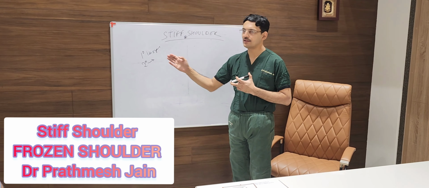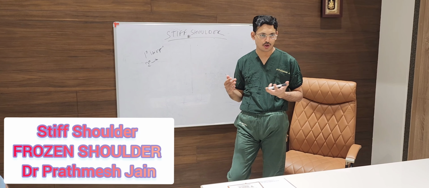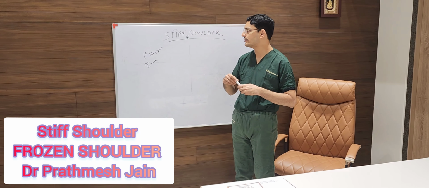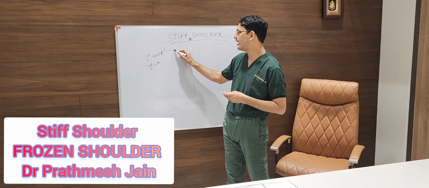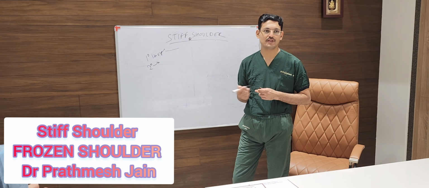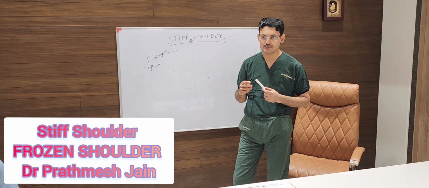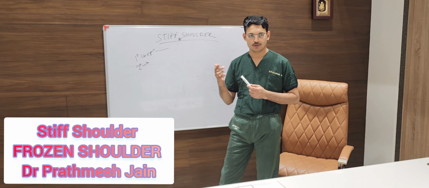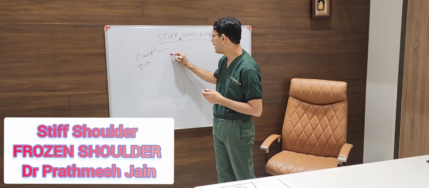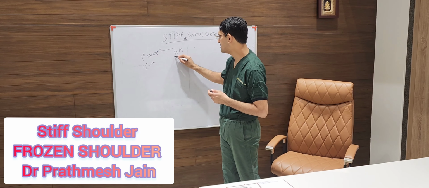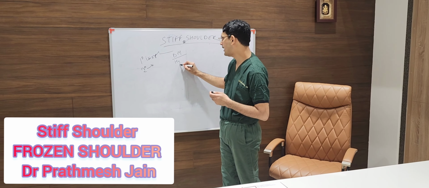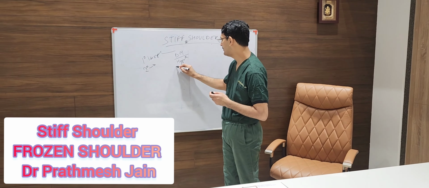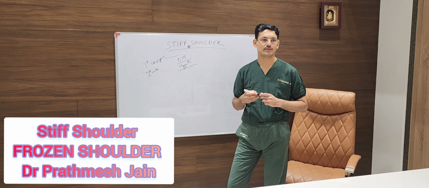So for idiopathic, the cause is more commonly not known, but you need to take care of two things. It can be more associated with some metabolic syndromes. And what are those metabolic syndromes? Diabetes. So diabetes is one. You have a high chance of stiff shoulder in diabetes mellitus, hypothyroidism, and one more metabolic condition.